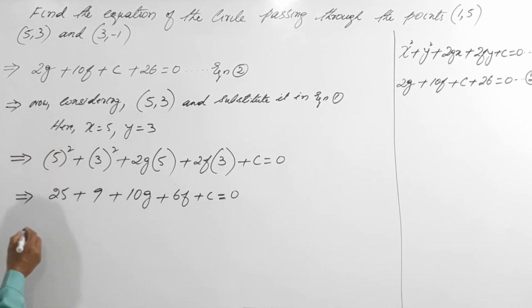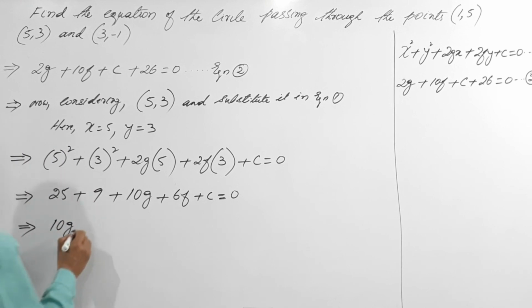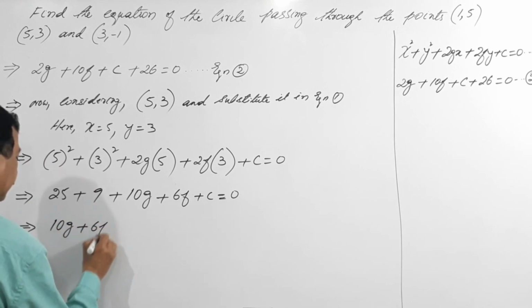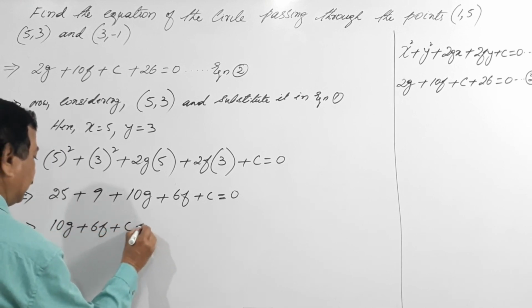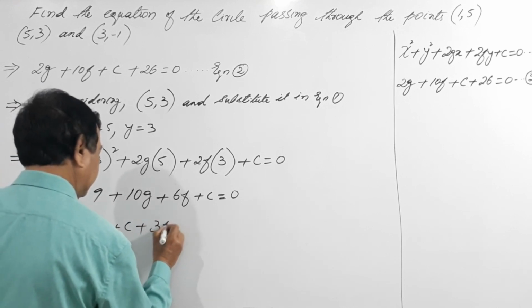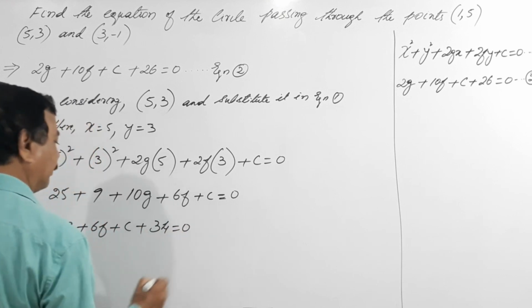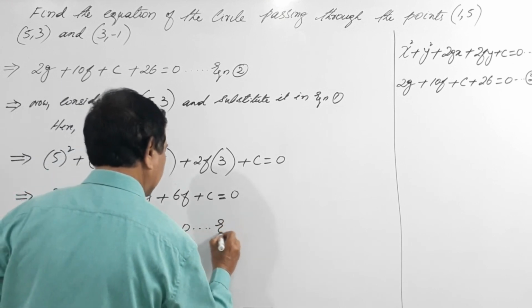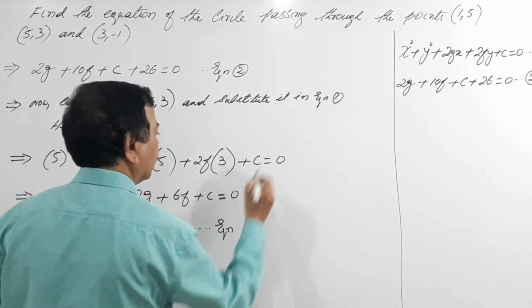First I will take 10g plus 6f plus c, plus 25 plus 9 is 34, equals to 0. I call this equation 3.